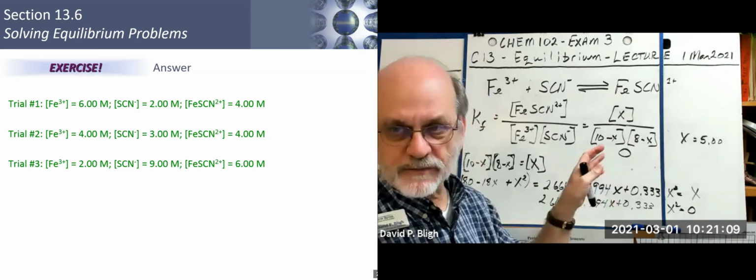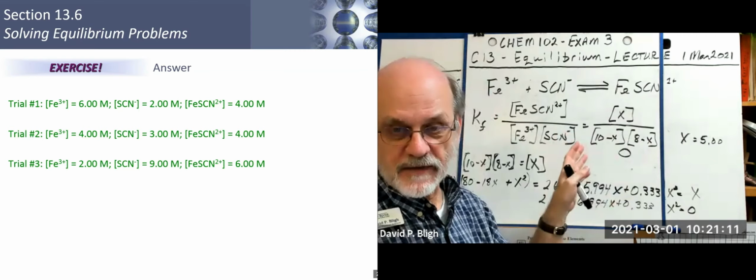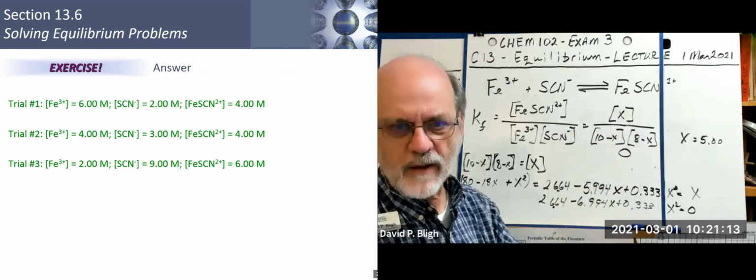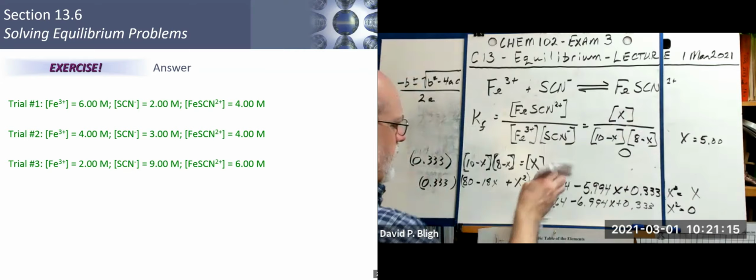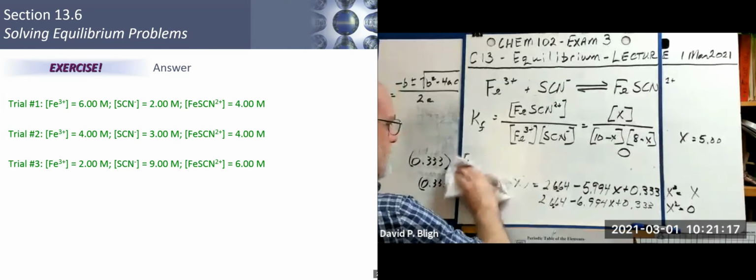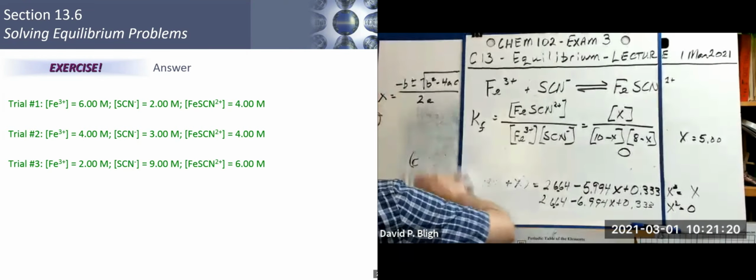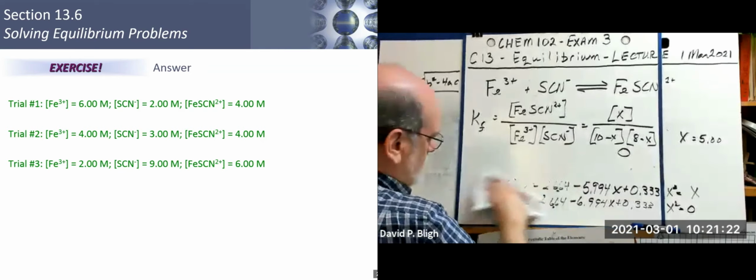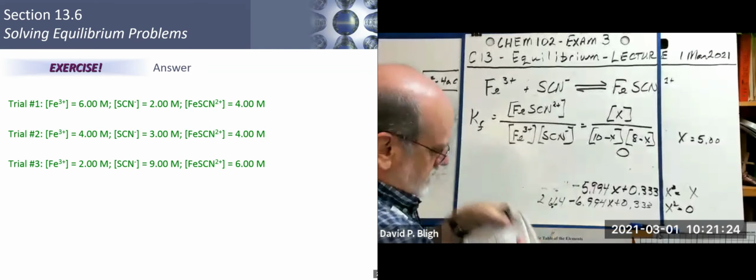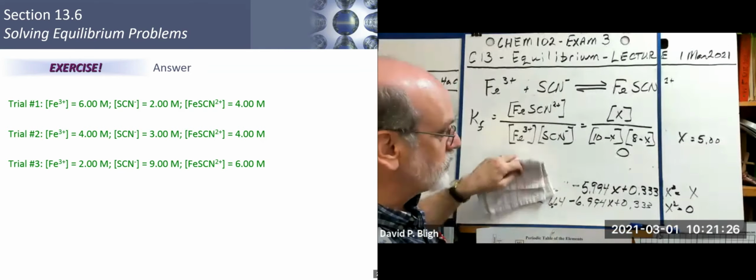But if we were to do this by successive approximations, we probably ought to do that. So we did it quadratically. Let's do it by approximations and see how many times it takes to get close to 5.